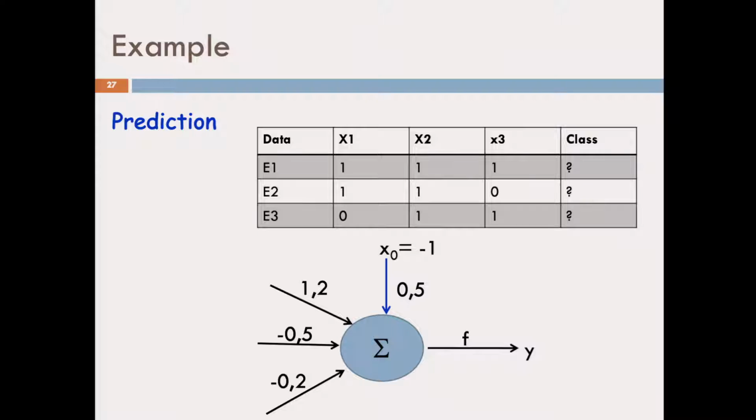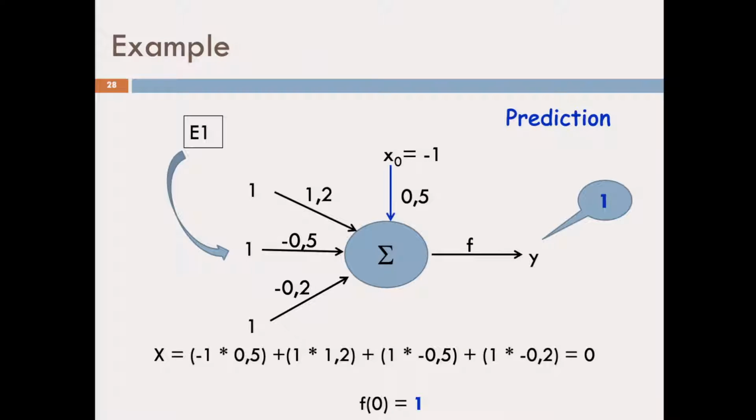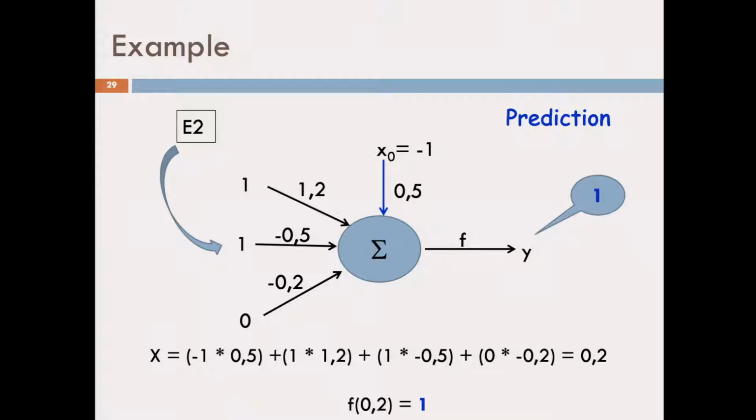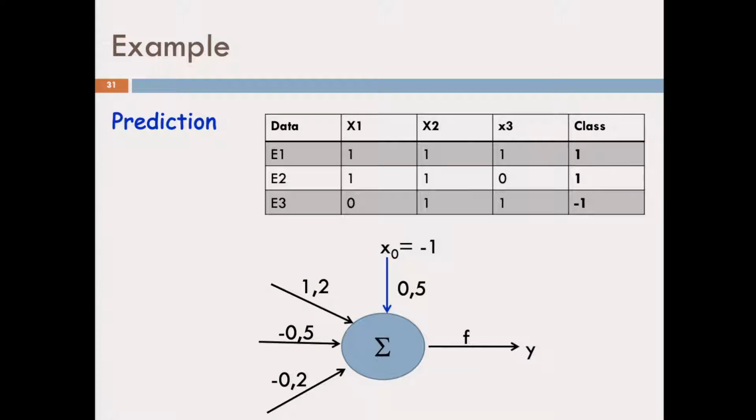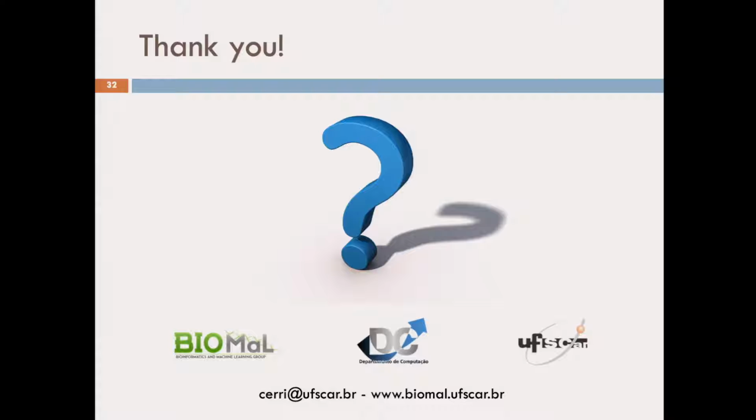So we are going to get the classes: the class for instance 1 is going to be 1. That's the prediction. For instance 2 is going to be 1 as well. For instance 3 is going to be -1. Just making the linear combinations given as input to the sign function. Good? That's the prediction. Any questions?